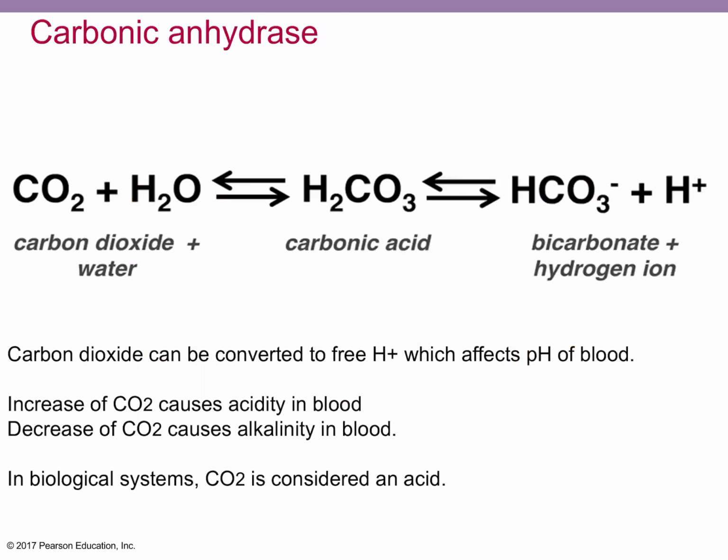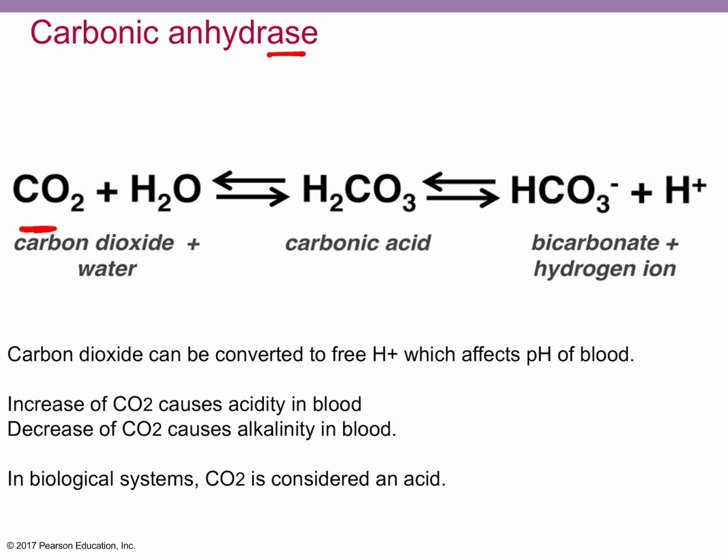All right, let's talk about something called carbonic anhydrase. Inside of red blood cells and also in the plasma, there is an enzyme called carbonic anhydrase. And it also carries carbon dioxide, and it's responsible for this chain of chemical equations here, not being able to speak today.